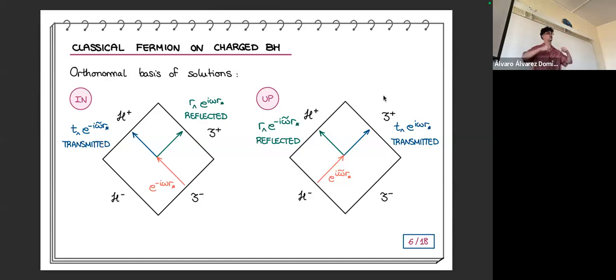Transmitted now outside, I mean, asymptotically far away from the horizon, okay? So a basis of solutions is composed by in and up modes of this characteristic, okay? And the important thing here is we have reflected and transmitted radiation, as I previously said to you.